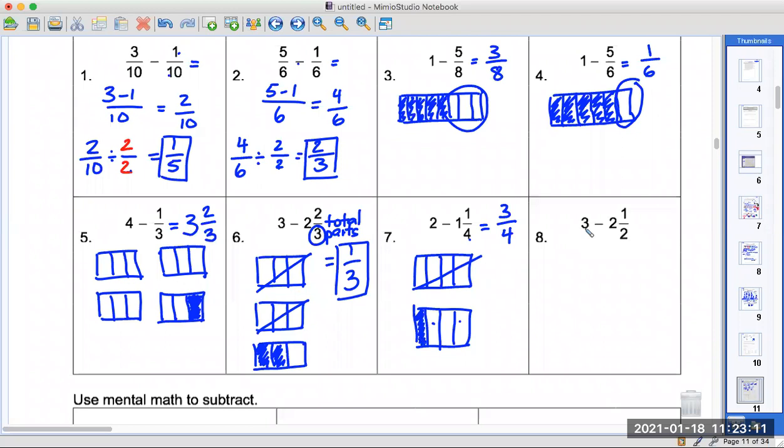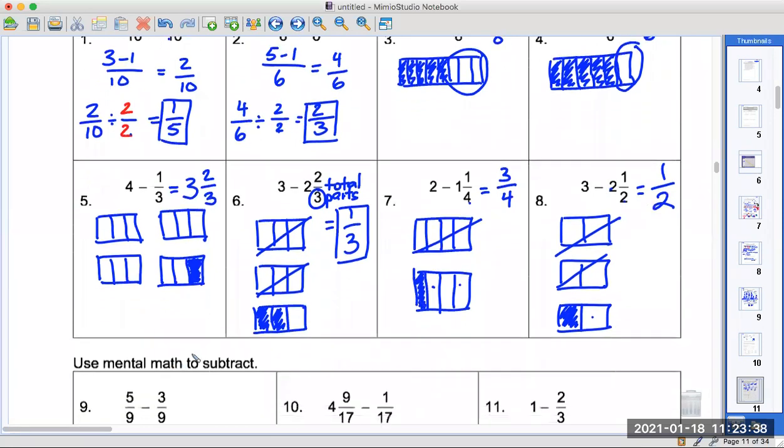And the last one here, we got 3 whole ones. Two parts. Take away 2 and a half. What's left is 1/2. So that's a visual diagram to help you get started on these.